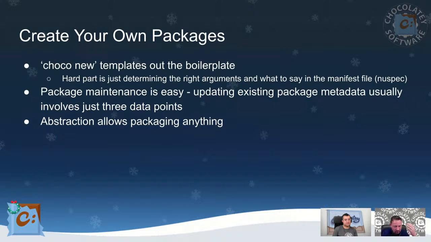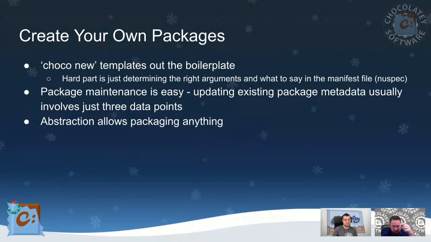One of the things that we thought about as we were building Chocolatey is not only that the creation of packages and the using of the packages should be easy, but the maintenance side should also be very easy, right? So we should make it easy for folks to get a package that needs to have the new versions of stuff, and you just literally drop in the new installers.